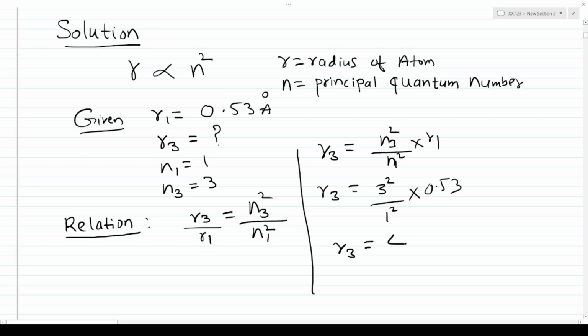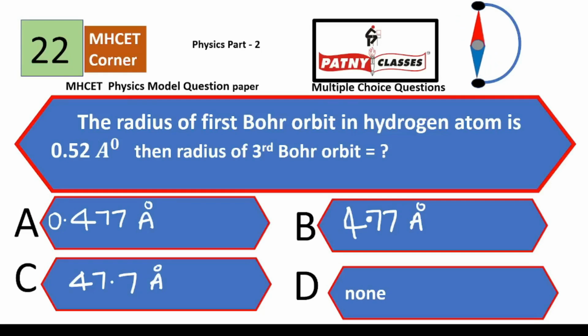So we get R3 equals 4.77 angstrom units. Therefore, the radius of the third Bohr orbit equals 4.77 angstrom units. Therefore, option B is the correct option. We lock option B here.